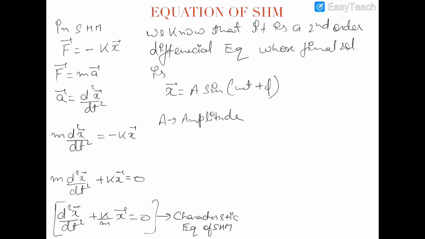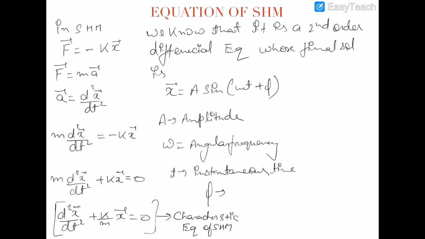I would be explaining all of these terms separately. So a is amplitude, omega is angular frequency, t is instantaneous time, and phi is phase. And phase is the most important thing that governs the SHM.